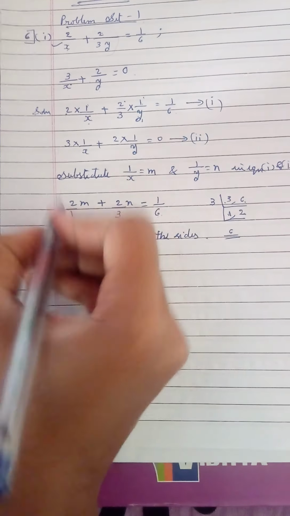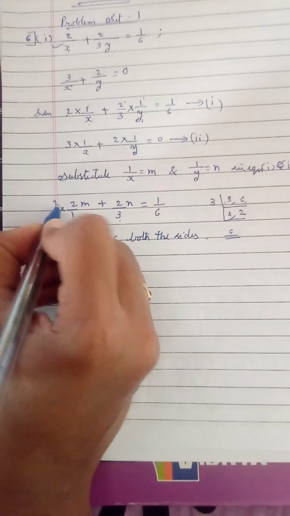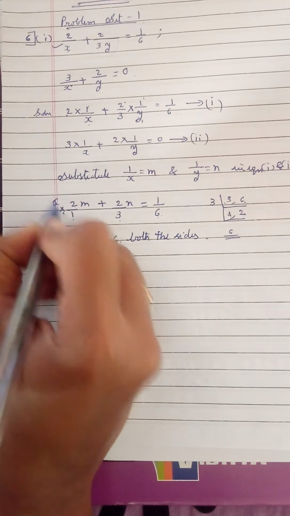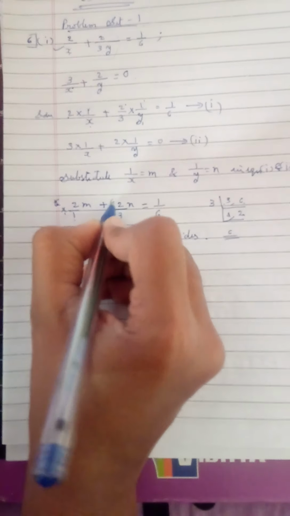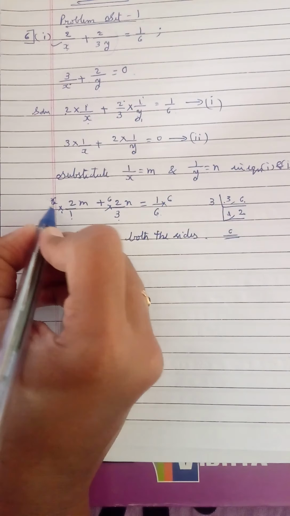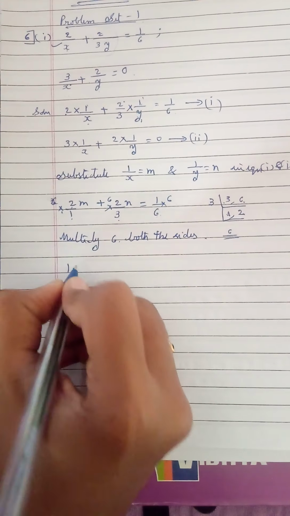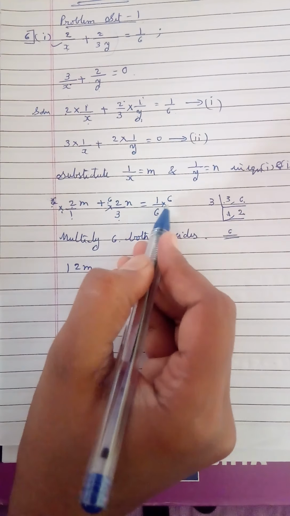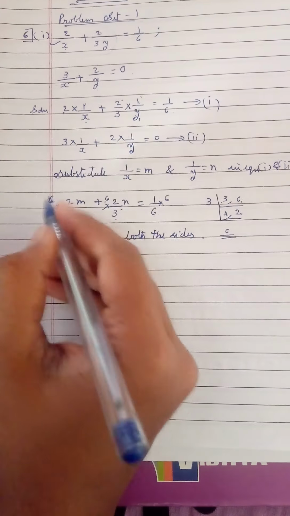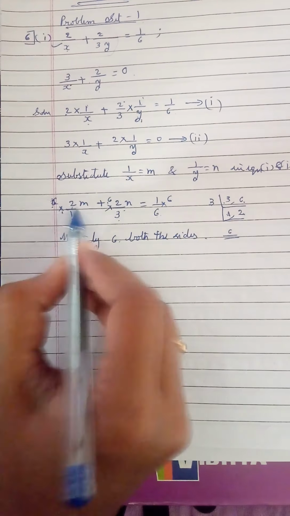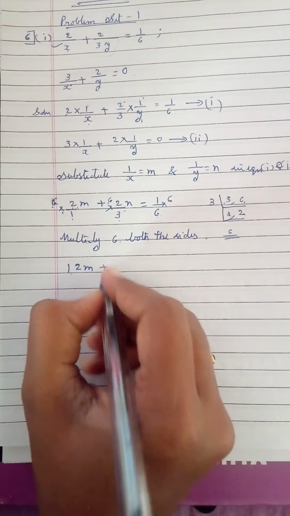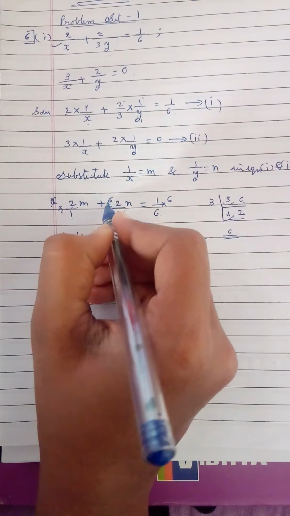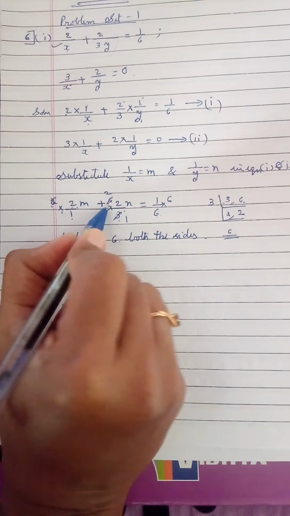on both the sides. So what happens, roughly I am doing here, no need to write all these things, into 6 into 6 into 6. So here 6 twos are 12m. This 6 into 6 into 6 no need to show in the paper, but roughly you can do with pencil. 6 twos are 12m plus here 3 ones are 3, 3 twos are 6, it cancels.